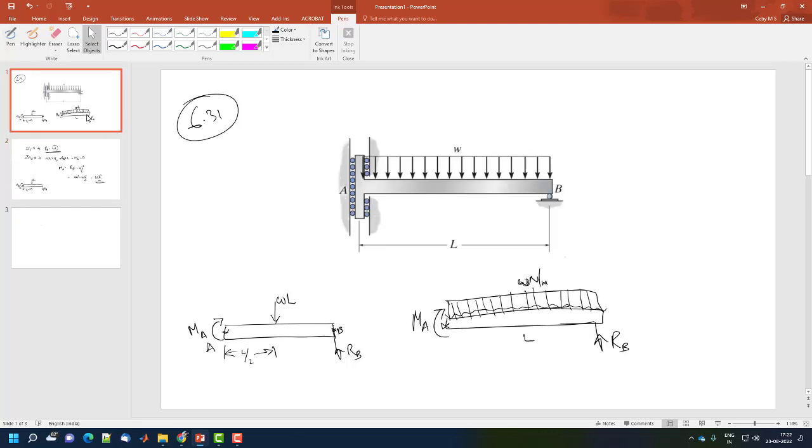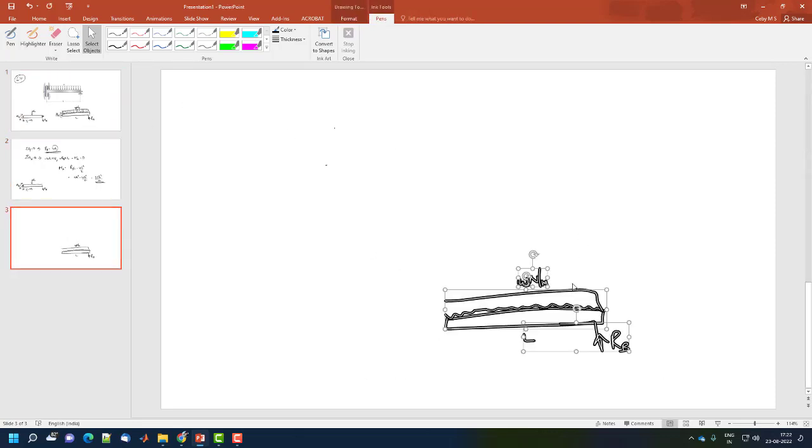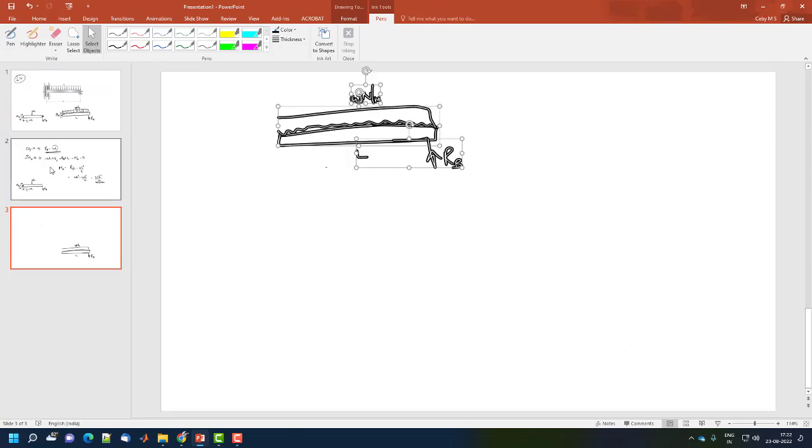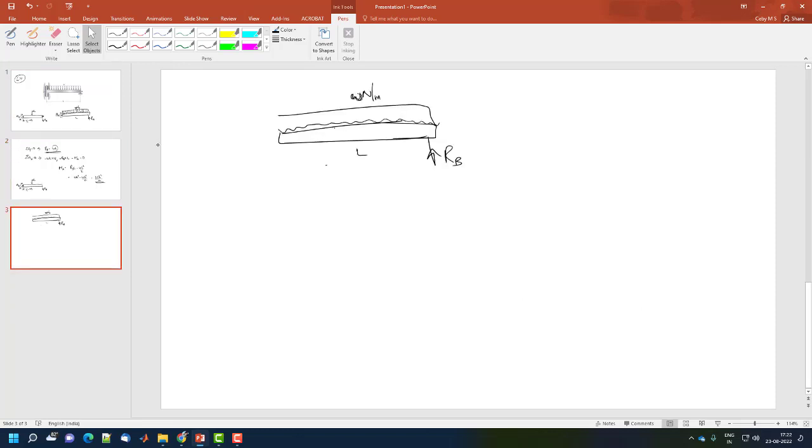We have to go back to the original loading configuration. This was the original loading configuration where we had a uniformly distributed load and the moment MA of WL square by 2.